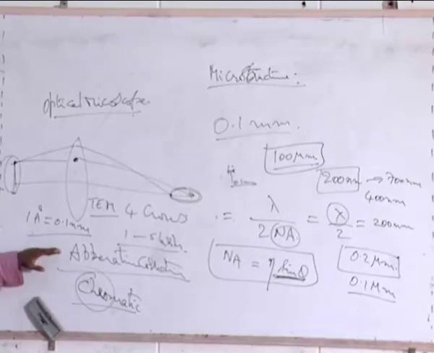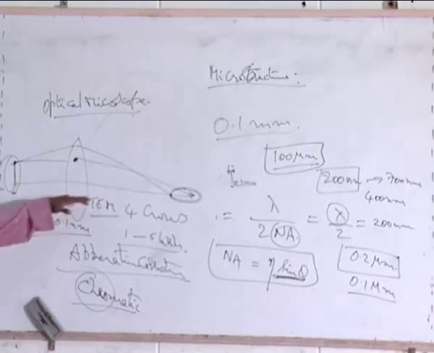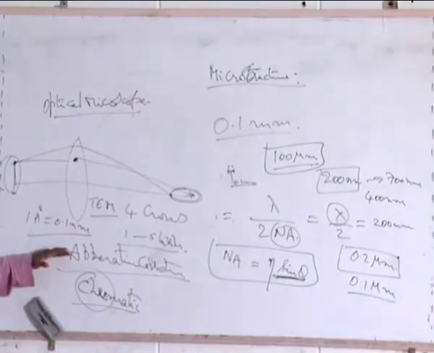Correcting a spherical aberration is easier. Correcting a chromatic aberration is a little more difficult. The one that we have is the one where spherical aberration is corrected. The one which TIFR has is also only spherical aberration corrected. The one in Bangalore has both aberrations corrected. It cost them 25 crores.